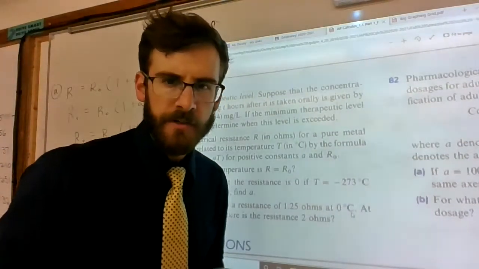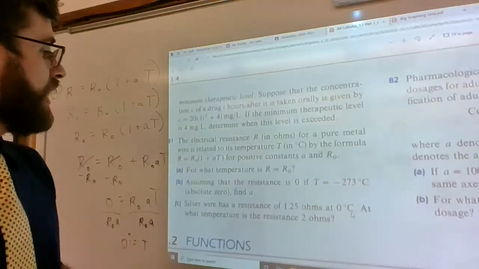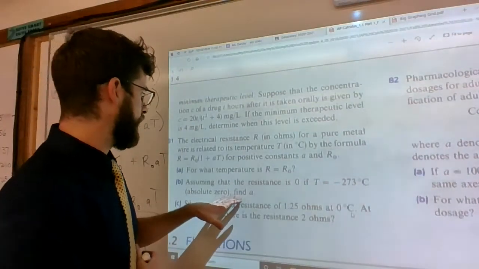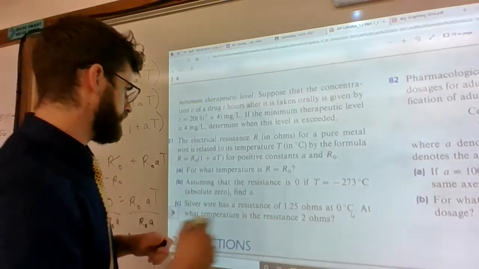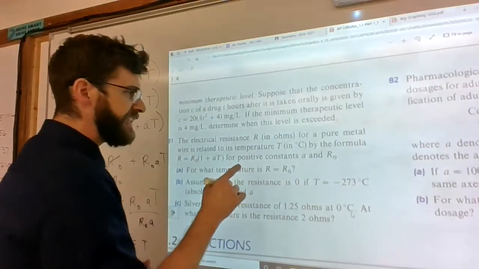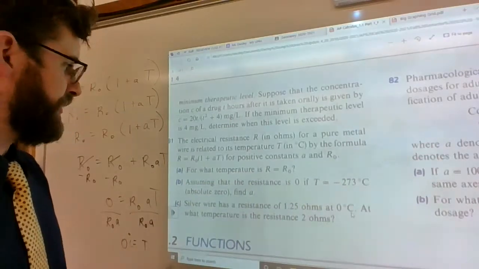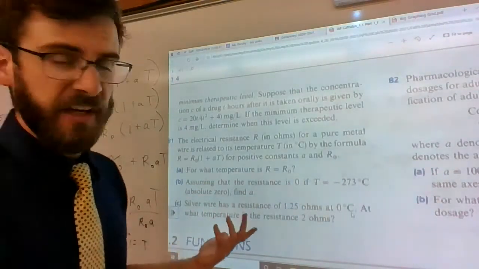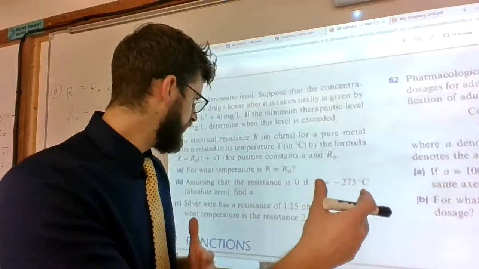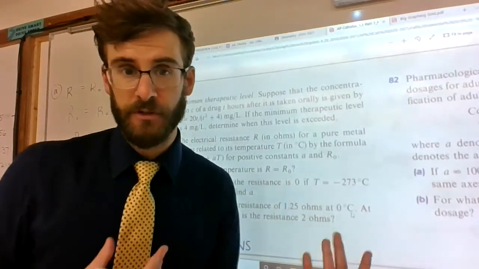Let's see, time-wise, okay, we're still going strong. Assuming that the resistance is 0, so resistance would be the R. If T is equal to negative 273 degrees Celsius, find A. So we're just plugging in those two values for both R and negative 273 degrees Celsius.